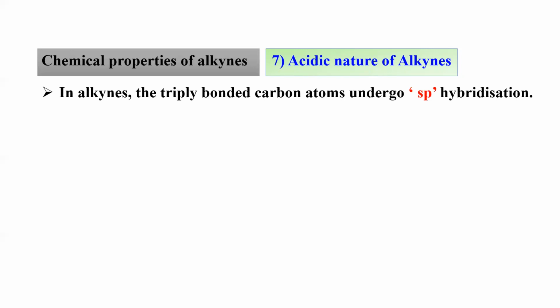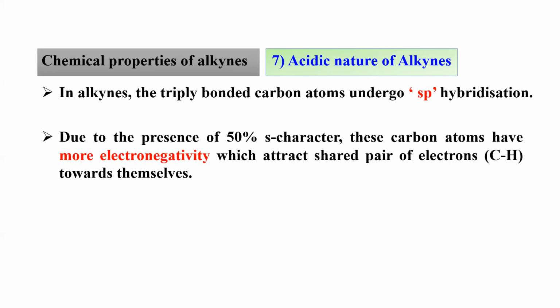In alkynes, the triply bonded carbon atoms undergo sp hybridization. So what is hybridization? In an alkyne, between the carbons of the triple bond, it is sp hybridized. Due to the presence of 50% s character.